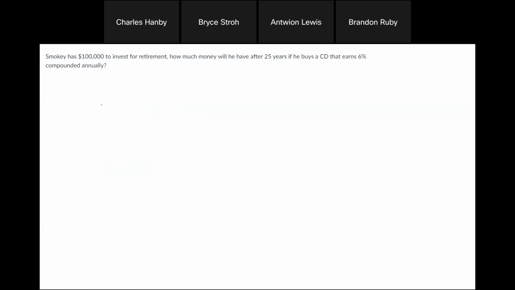25 years compounded annually. So in that case, since it's annually, N is 25. The IY is the rate, that's 6%. And then PV is the $100,000. We always enter investments or payments as negatives. That's to make the calculator work.